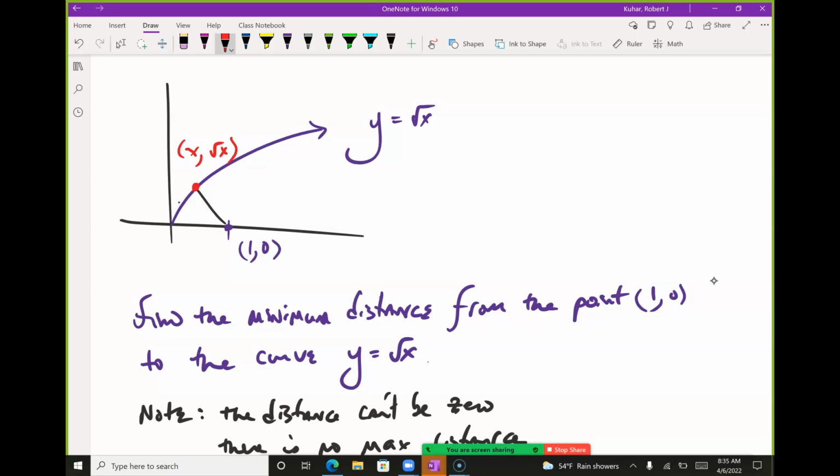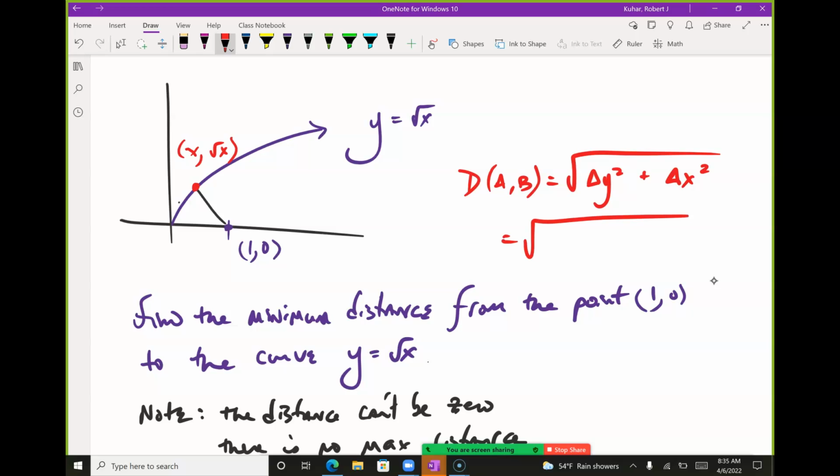Now, all I need is a formula for the distance. Make sure it's on your formula sheet, right? The distance between A and B is the square root of delta y squared plus delta x squared, right?